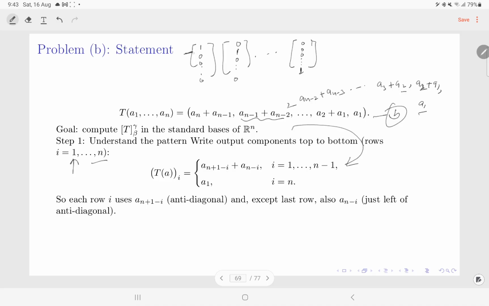When you apply this first transformation, only the first element is 1, otherwise the rest are 0.